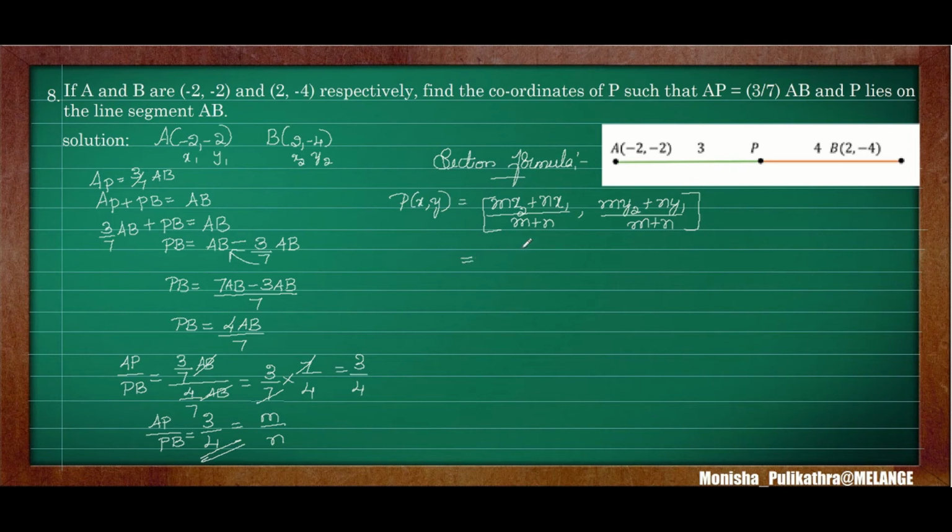So here m is 3 and n is 4. M x2: 3 times 2, plus n is 4 and x1 is -2. You can see here x1, y1 is here, x2, y2 is here, divided by m + n, which is 3 + 4, comma, m y2: m is 3, y2 is -4, plus n, which is 4, into y1, which is -2, whole divided by 3 + 4.